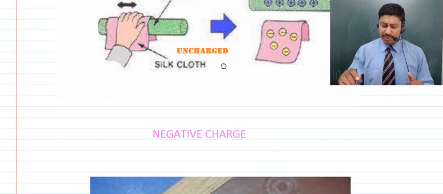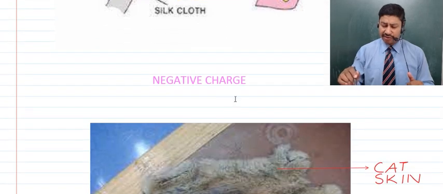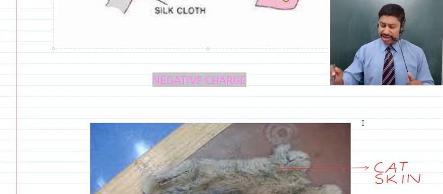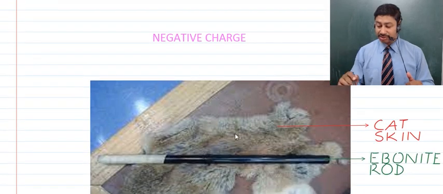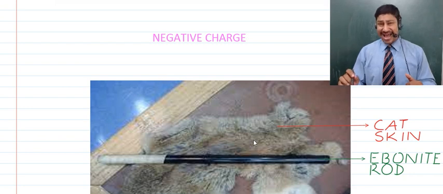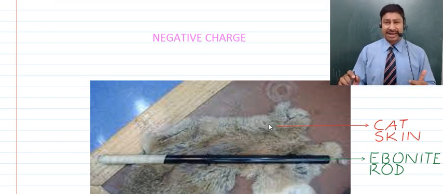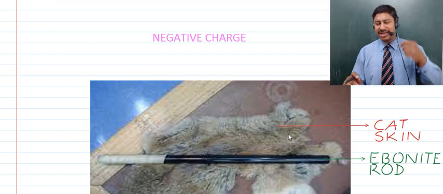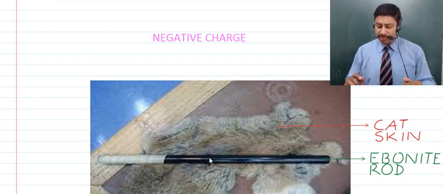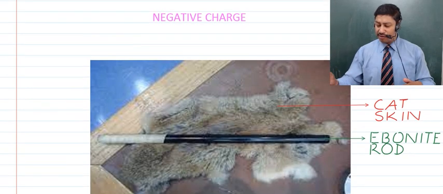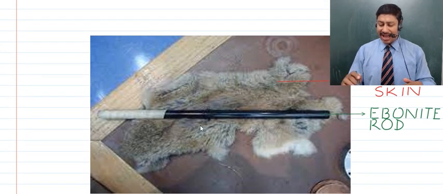Now, children, we have the recognition of a negative charge. For that matter, we talk about some cat skin, that means the hide of the cat, after probably somehow the cat passed away and the hide was taken off and this experiment was performed. So let's say we have an ebonite rod, which is another type of rod.